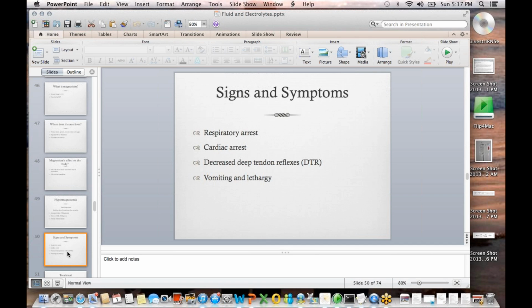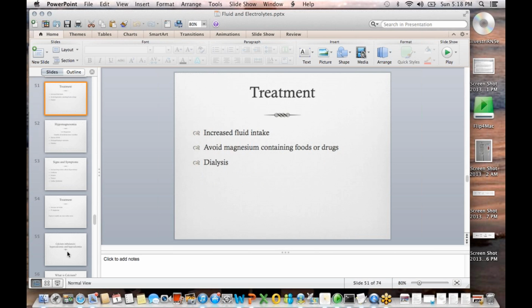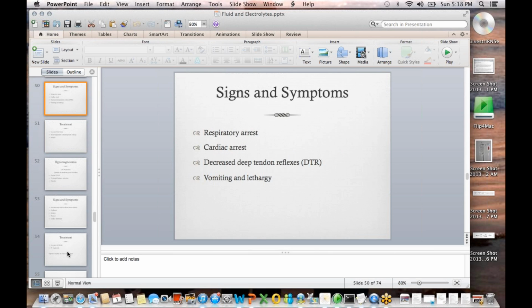A lot of times they can get hypermagnesemia from taking something like milk of magnesia, and also from chronic kidney disease. This one helps stabilize the cell membrane. You can think about respiratory arrest, cardiac arrest, decreased deep tendon reflexes, lethargy. Just study the differences and understand that magnesium and calcium usually go with muscle. And DTR is a classic with magnesium. I remember that when I was a student.